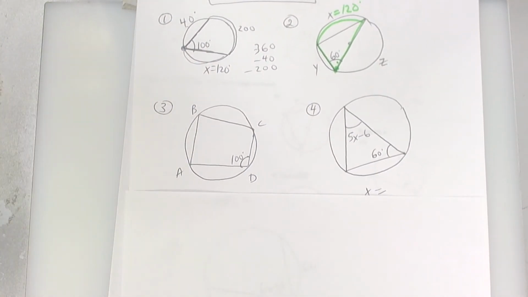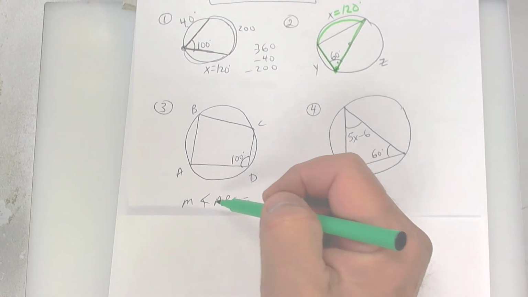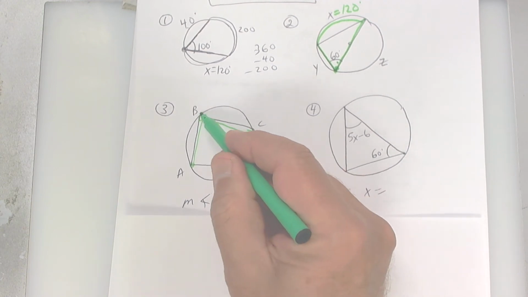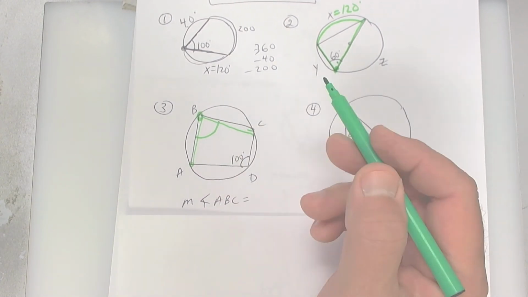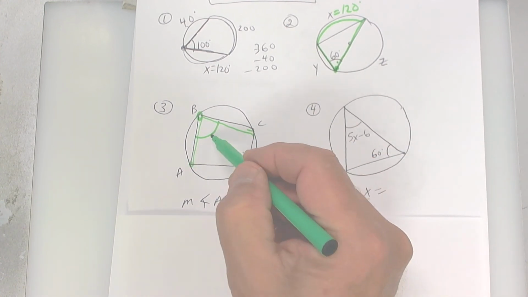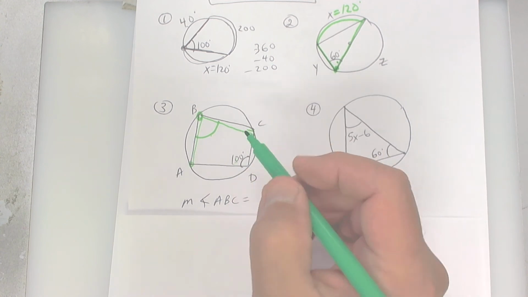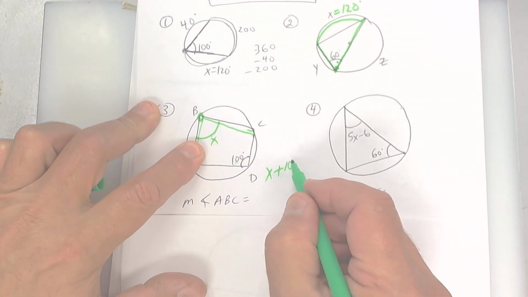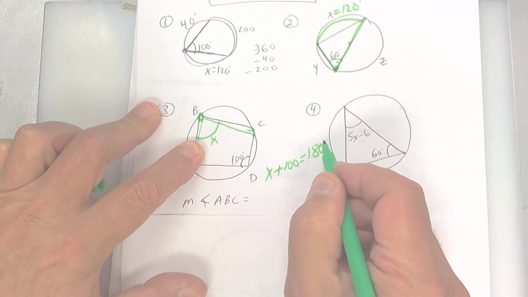This one right here says find the measure of angle ABC. So put your pencil on the A, go to the B, go to the C. It is an inscribed angle right here. And since this is a quadrilateral, opposite angles add up to 180. So put an X right here. So you're going to say X plus 100 is equal to 180 degrees.